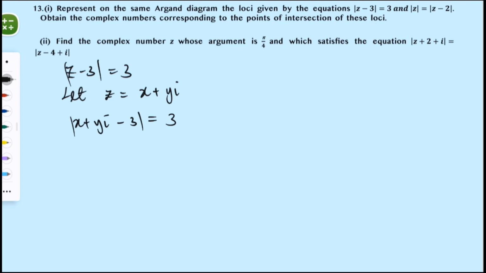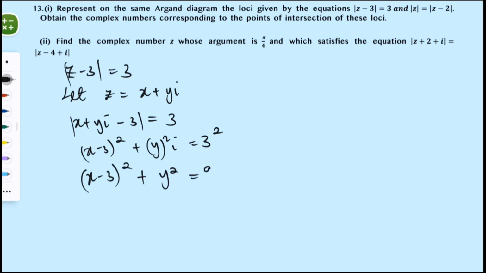So in this case, we have (x - 3) squared to get the absolute value, plus y squared, because the i is just going to be alone. You square the other side as well. This is going to be (x - 3)² + y² = 9. And so the center is (3, 0). Like I said before, the radius is 3.